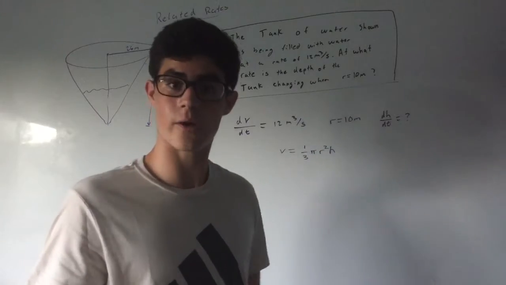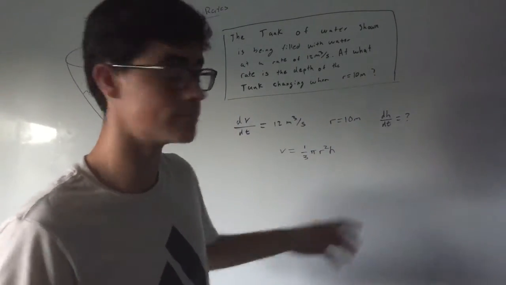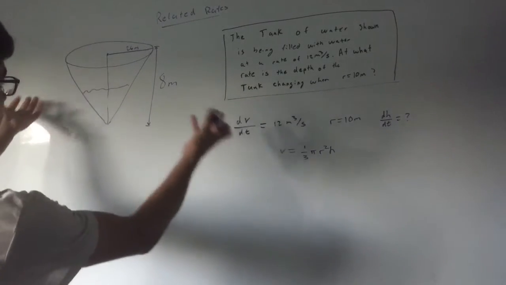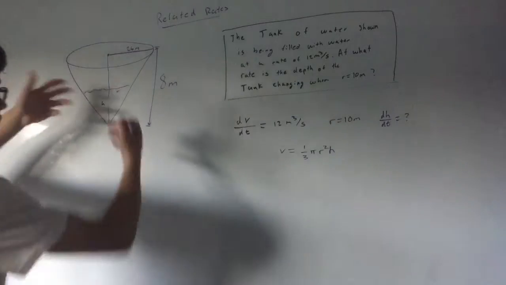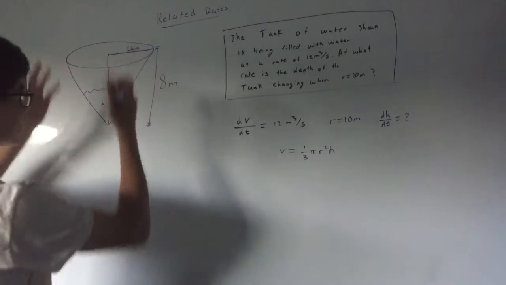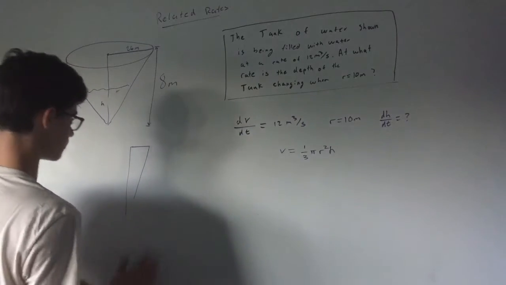So that's probably how we're going to do it, right? But the trick is, how are we going to find r in terms of h? Well, if we go back to our diagram here, if you just label this as r and this as h, we can set up proportional triangles, right? So, oh, that is a terrible triangle.